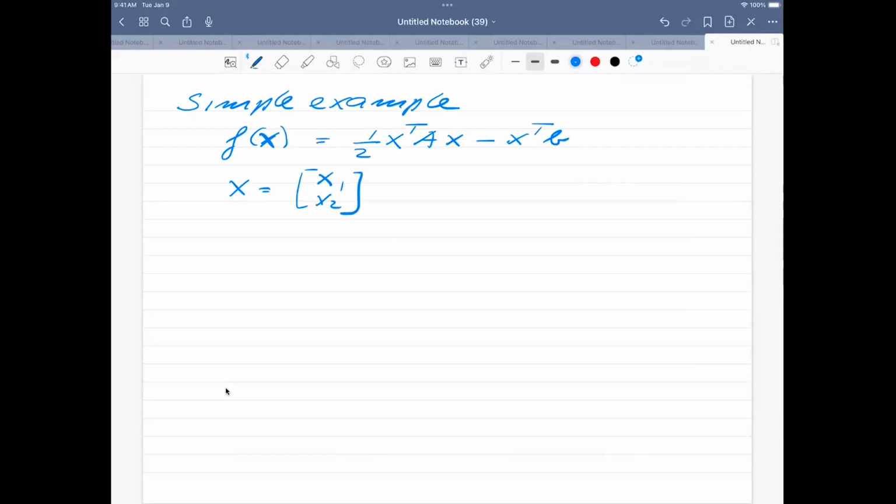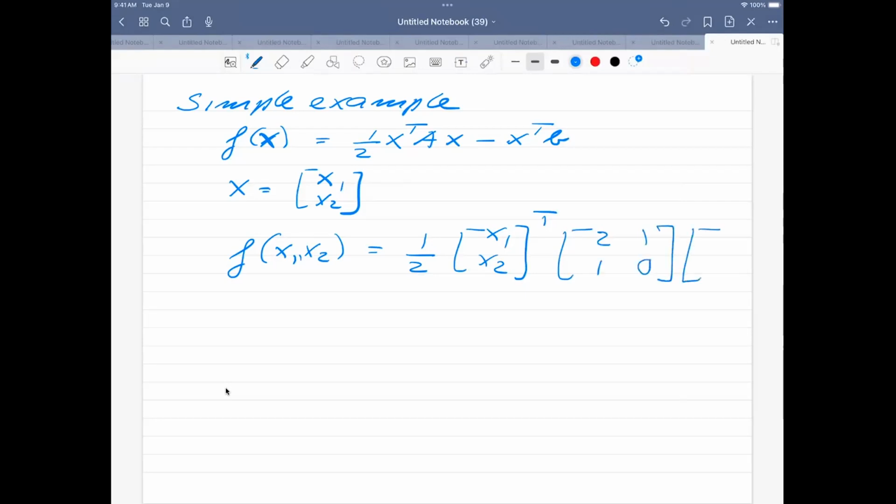Let's assume that. And now I'm defining a function. So instead of writing x, I now write it in terms of the two variables x1 and x2. And this is something which we could write out as 1/2, and then I have x1, x2, and this is obviously transposed. And let's assume that the matrix looks like this, 2, 1, 1, and then 0.